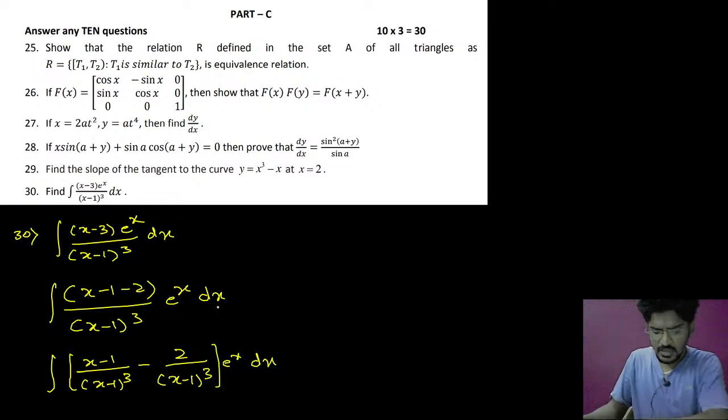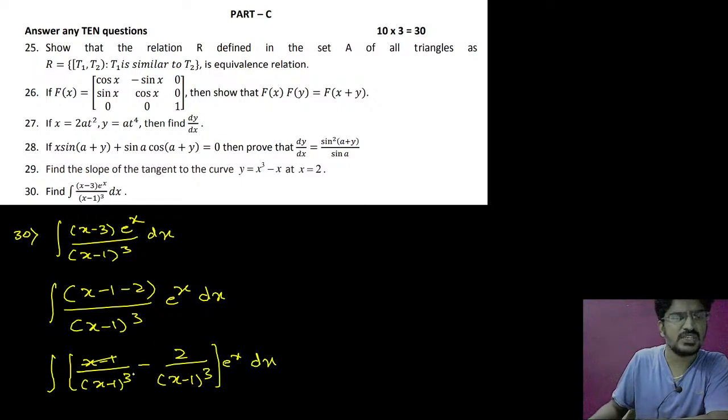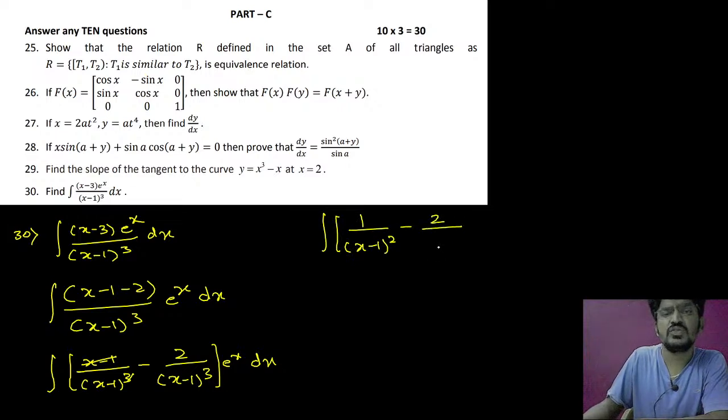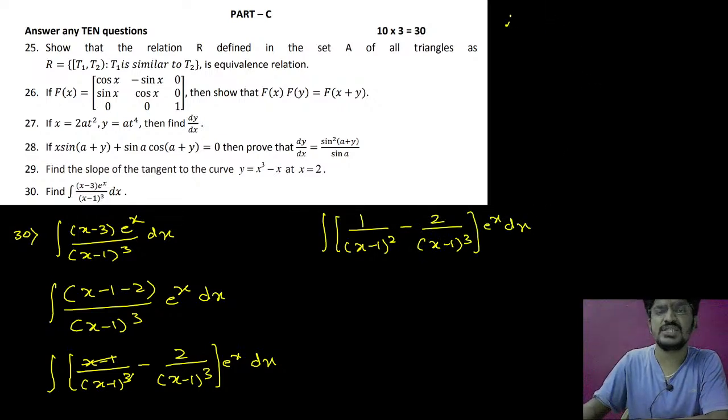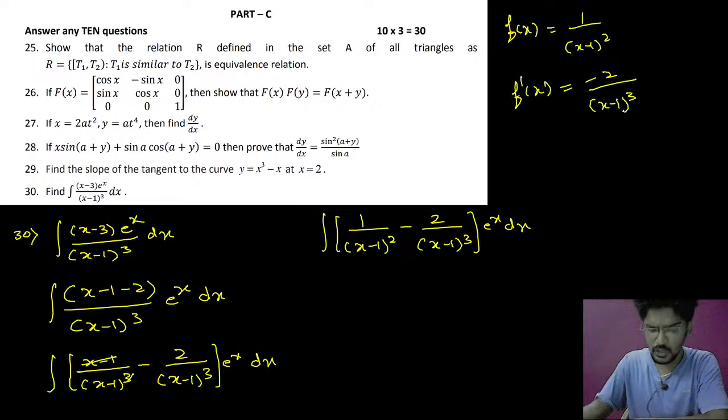So here you can cancel x minus 1 and x minus 1. So that will be integration of 1 by x minus 1 whole square minus 2 divided by x minus 1 whole cube into e to the power of x with respect to dx. So you can see here f of x is 1 by x minus 1 square, and if I differentiate this you are going to get minus 2 divided by x minus 1 whole cube.